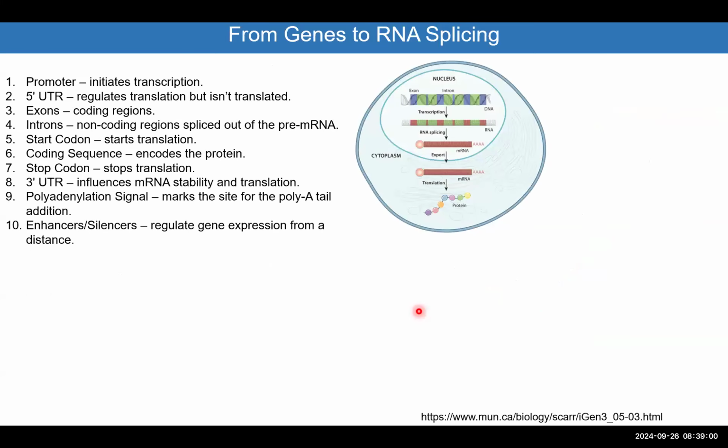Now, if we dive closer into the gene sequence, the genes consist of, in terms of the coding or the open reading frame, the open reading frame normally contains exons that are flanked by introns. So the exons are the coding part of the gene, and the introns are the non-coding part of the gene.